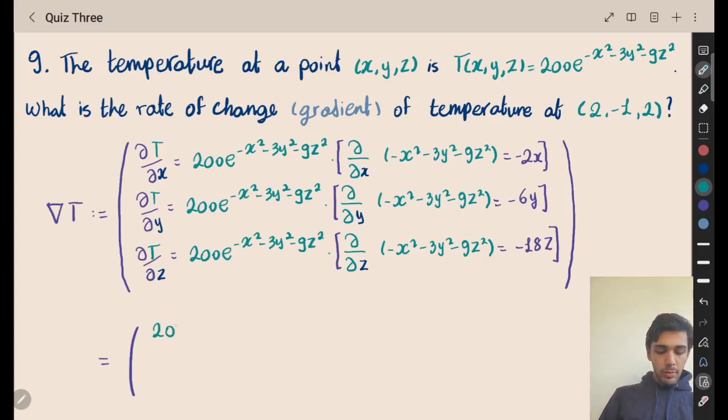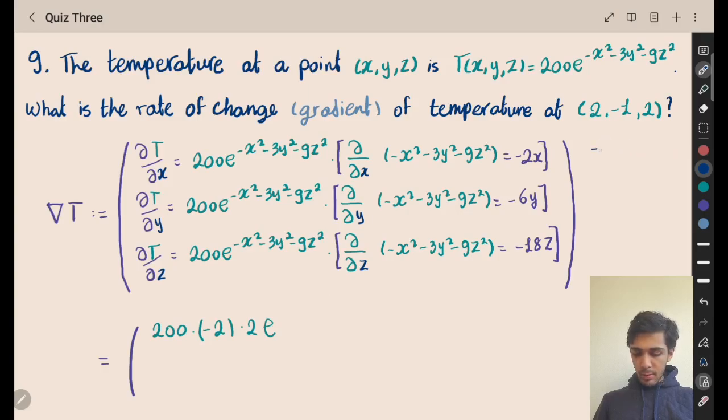So we're going to have 200 and then it's going to be minus 2x. x is equal to 2. I should probably multiply by 2. Then we have e to the minus x squared minus 3y squared and minus 9z squared.